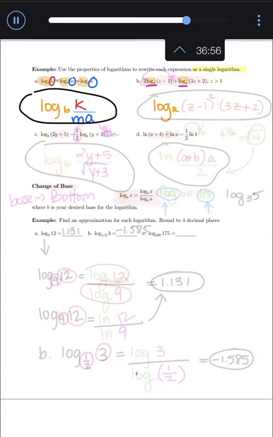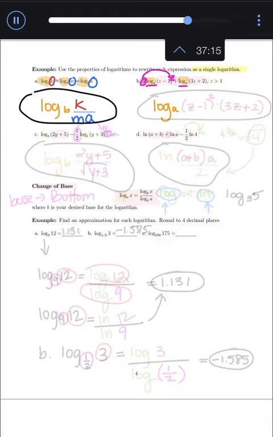So I need to deal with what is out in front of that first log, the 2. Well, remember things get moved out in front if there's exponents, so if we want to bring it back in, it's going to come in as an exponent, which means I actually have a z minus 1 squared there.